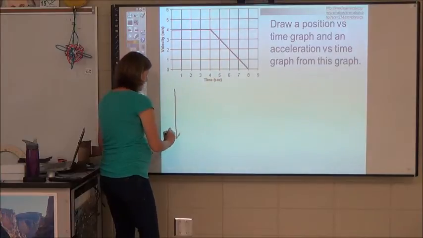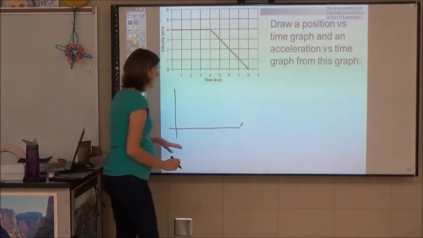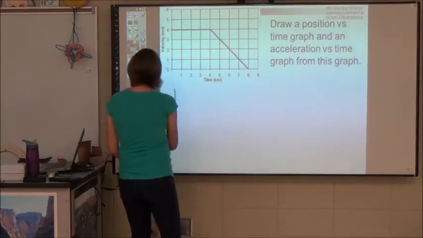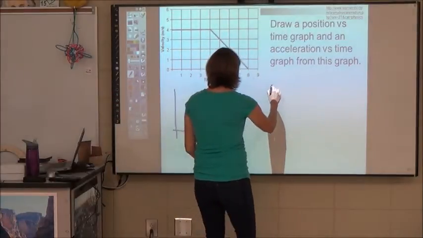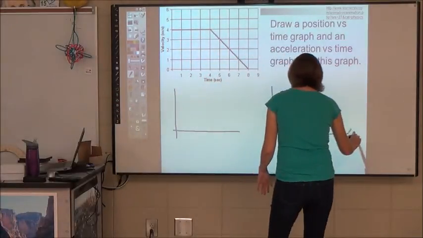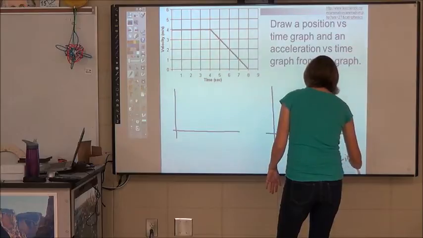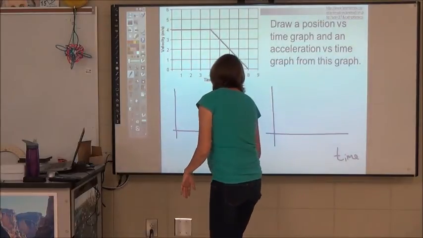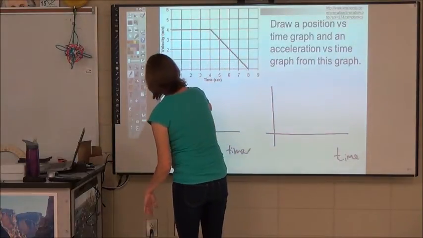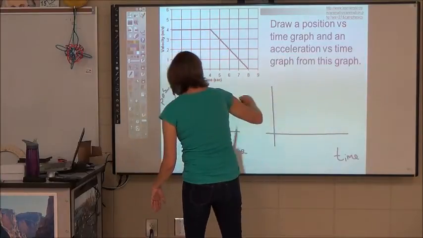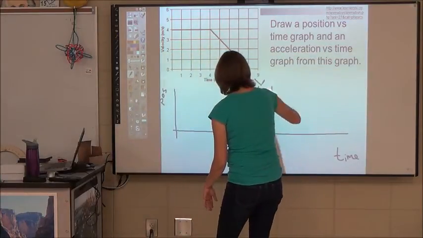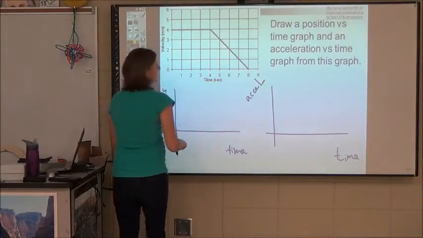But we also have position. And acceleration.